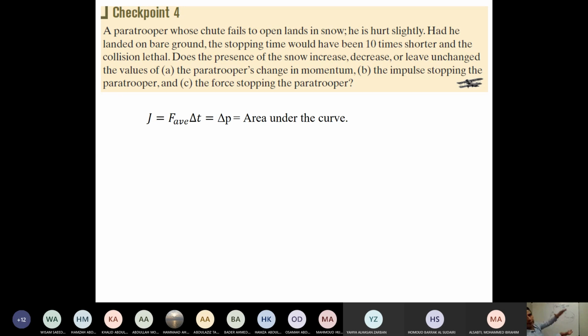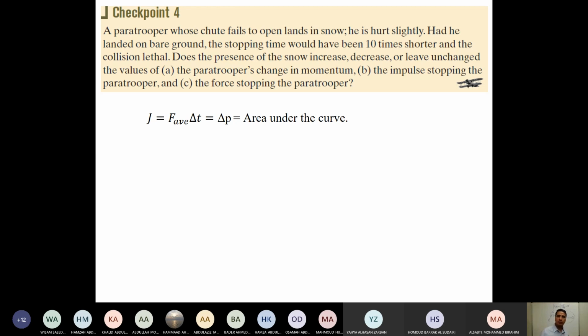You are just hitting the ground right away, so all of your momentum is changing in a very short interval of time. Therefore, this force will be extremely high. And that's why it is lethal and dangerous to jump onto the bare ground versus jumping into the foam in that scenario. Okay?